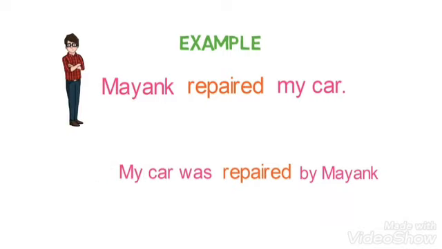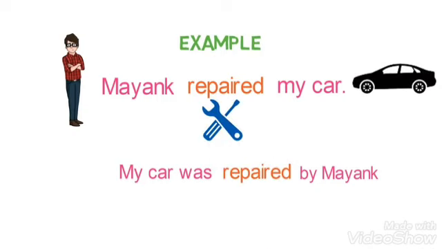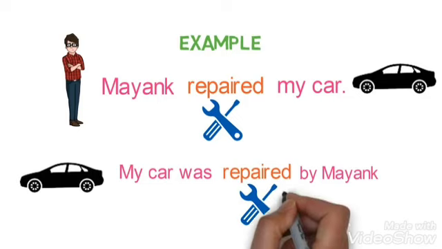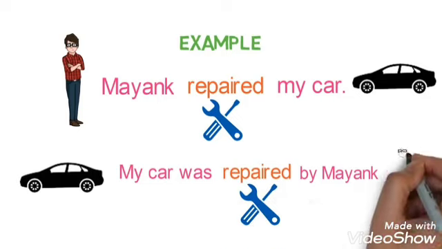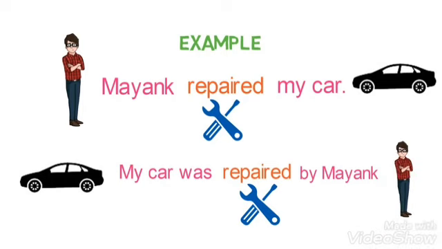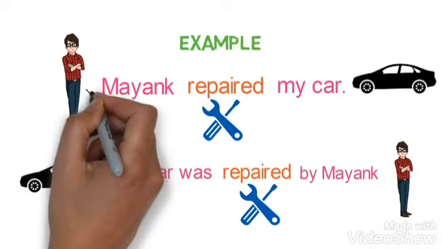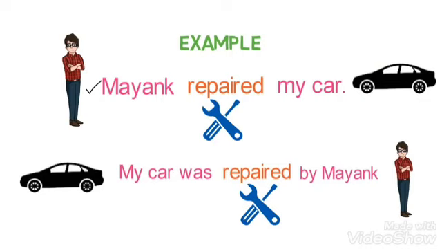Here the subject is Mayank, my car is the object, repaired is the action. Usually in the active sentence the subject comes first, but in the passive sentence my car will be the subject, repaired will be the action, Mayank will be the object.